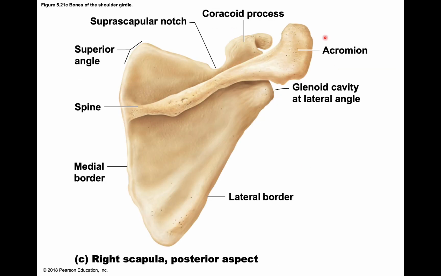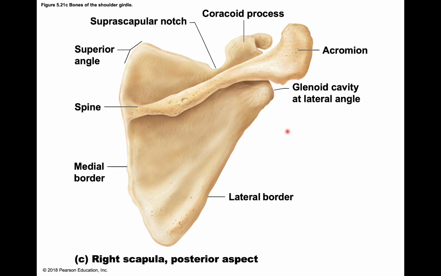The other thing I want you to notice is where the acromion is located. The acromion will always be pointing laterally. That means out towards where the arm is supposed to attach. So this is the middle of your back, the medial portion. This is the lateral side where your arm attaches to. Anytime you see the spine, it is posterior, and wherever the acromion is, that's going to be where the humerus attaches to.